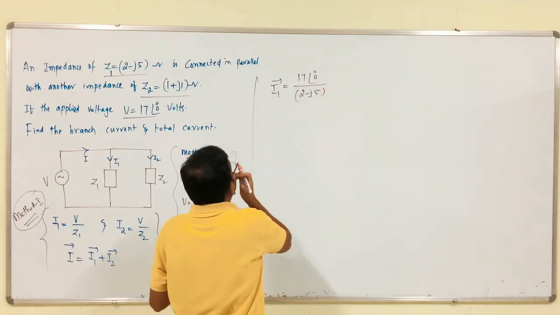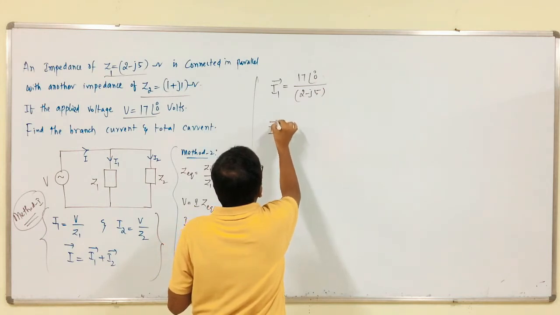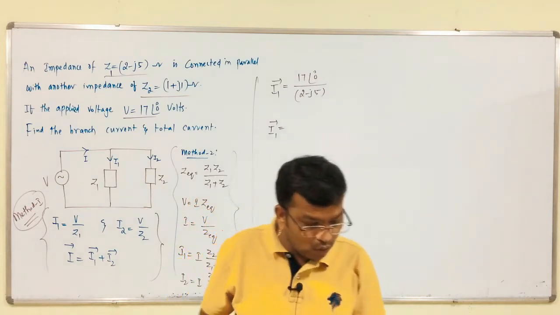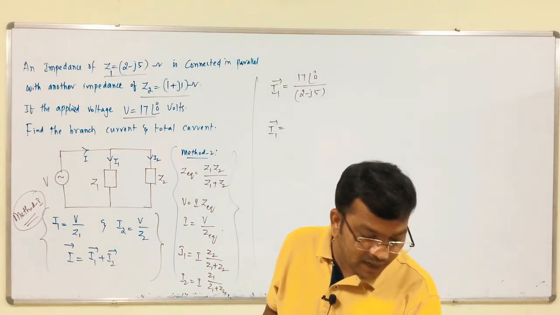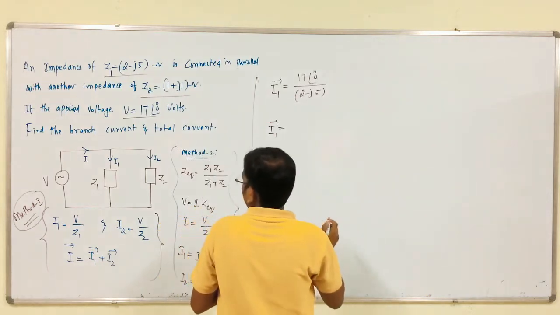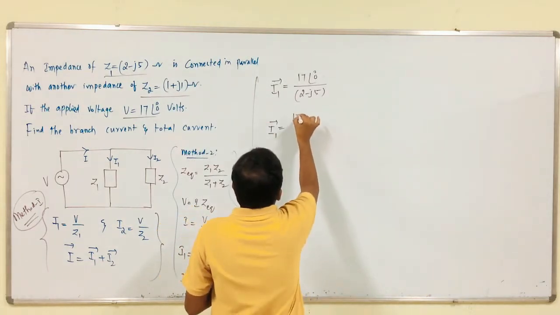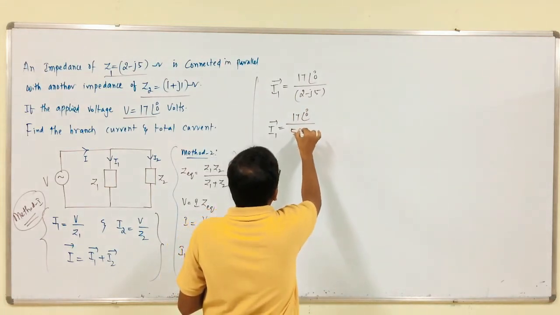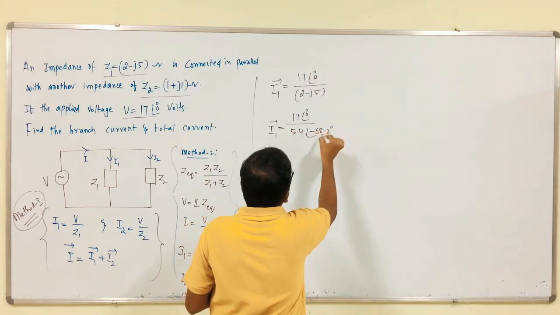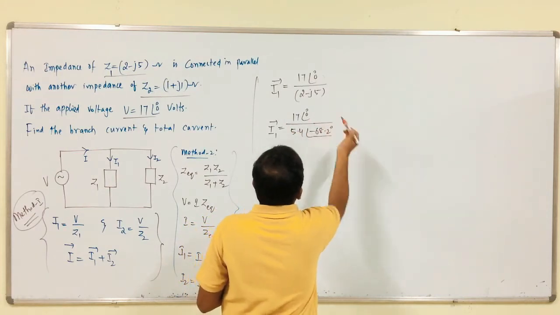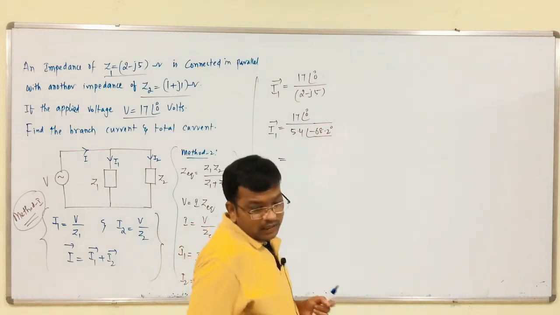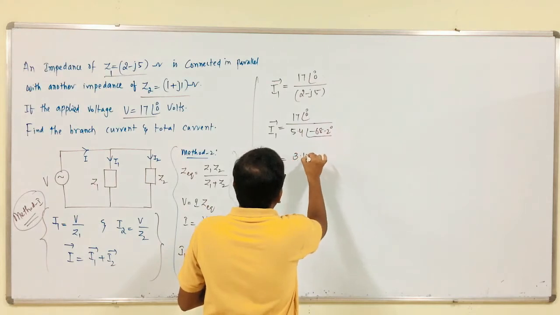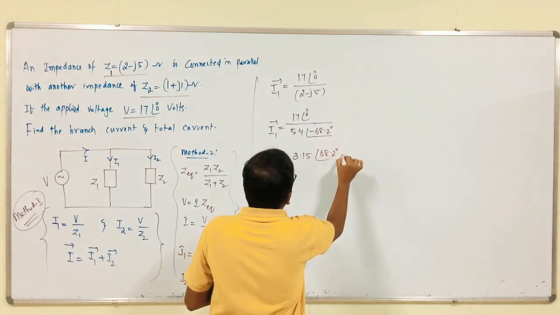In order to convert this rectangular form to polar form, 2 minus J5 should be equals to 5.4 at an angle of minus 68.2, which is equals to 17 at an angle 0 by 5.4 at an angle minus 68.2. I1 should be equals to 3.15 at an angle 68.2 amps.